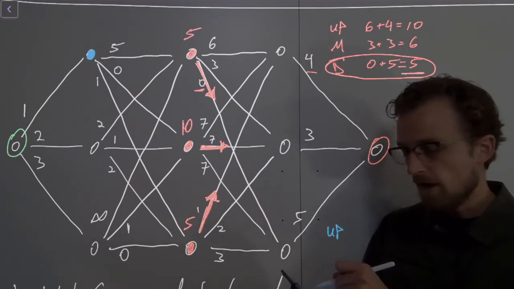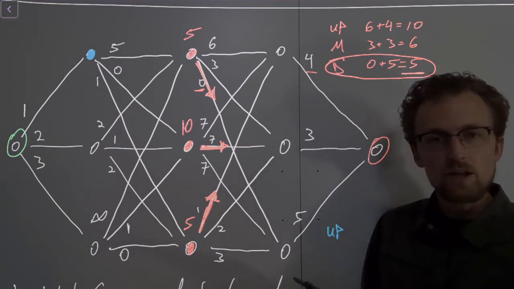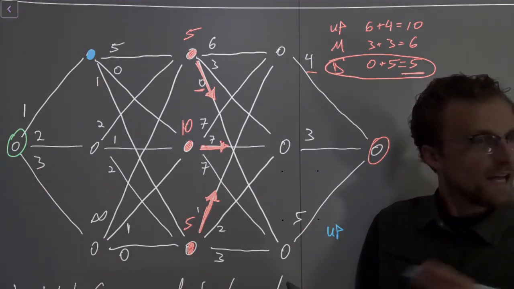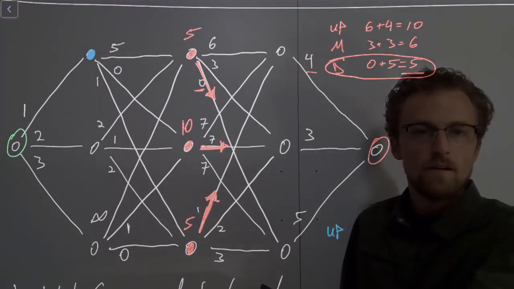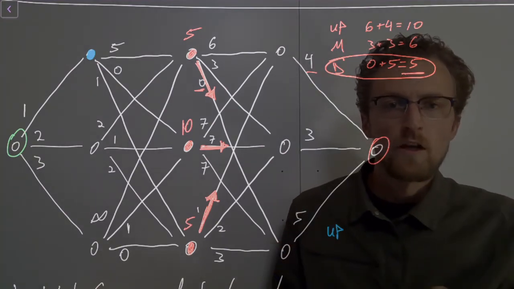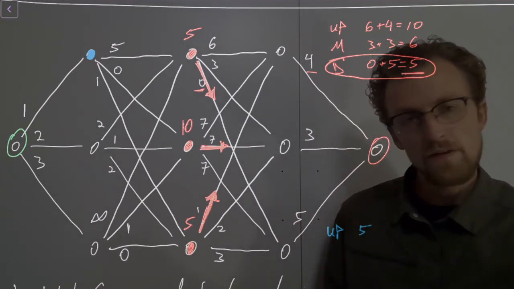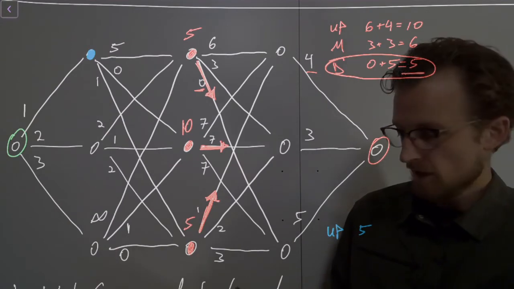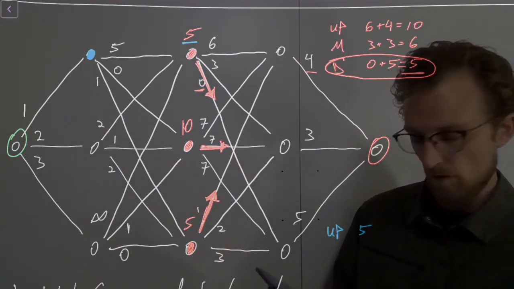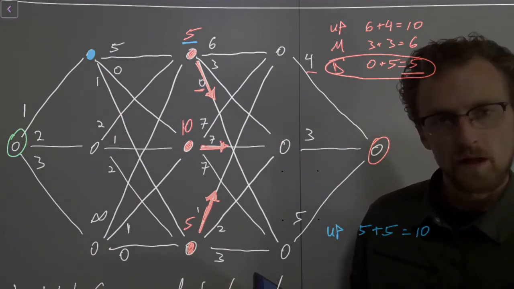It'll cost us 5 to make that decision immediately, so our immediate cost will be 5. And then there will be a further cost resulting from the path that will follow from this next node, which is 5. So the total cost of going up is 10.